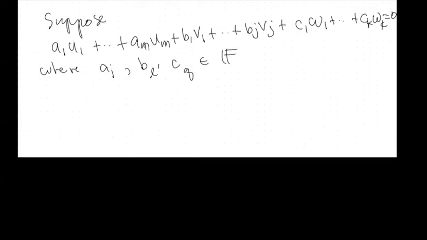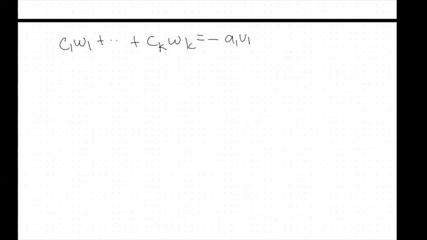Now, we can rearrange this so that C1 W1 up to CK WK is equal to the negative of A1 U1 minus AM UM minus B1 V1 minus BJ VJ.